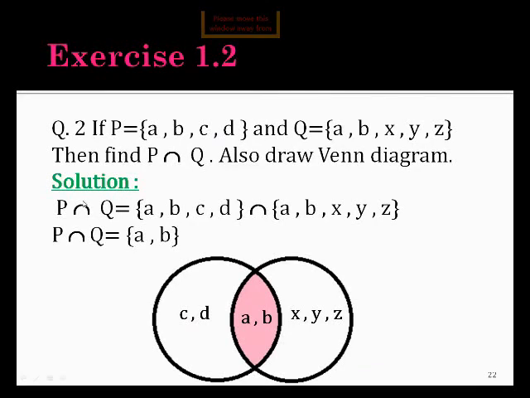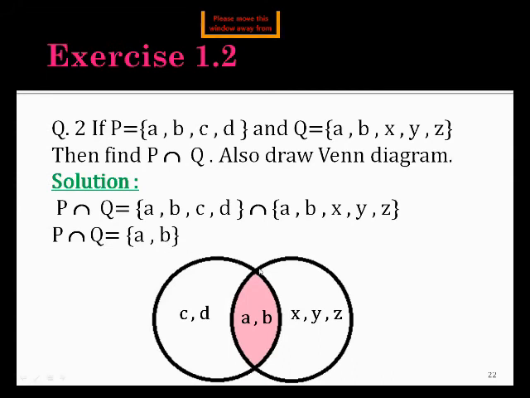Here we start the solution. P intersection Q is equal to {A, B, C, D}, intersection sign, then we write {A, B, X, Y, Z}. Now, from the intersection, we only write the common elements in both sets. So here A and B are the common elements in both sets. So here's the answer: P intersection Q is equal to {A, B}.